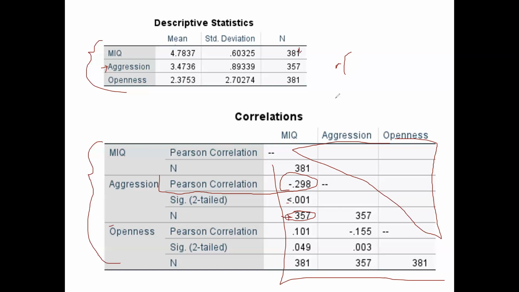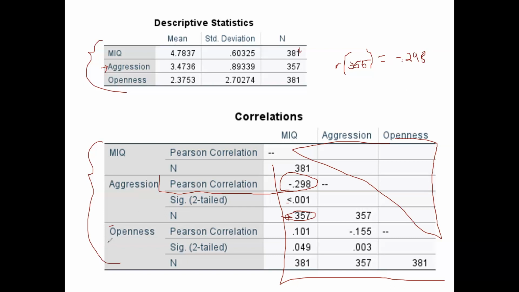Degrees of freedom for correlation is N minus 2, so 357 minus 2 is 355, equals negative 0.298. All right, that's how you report it. And that's the SPSS output.